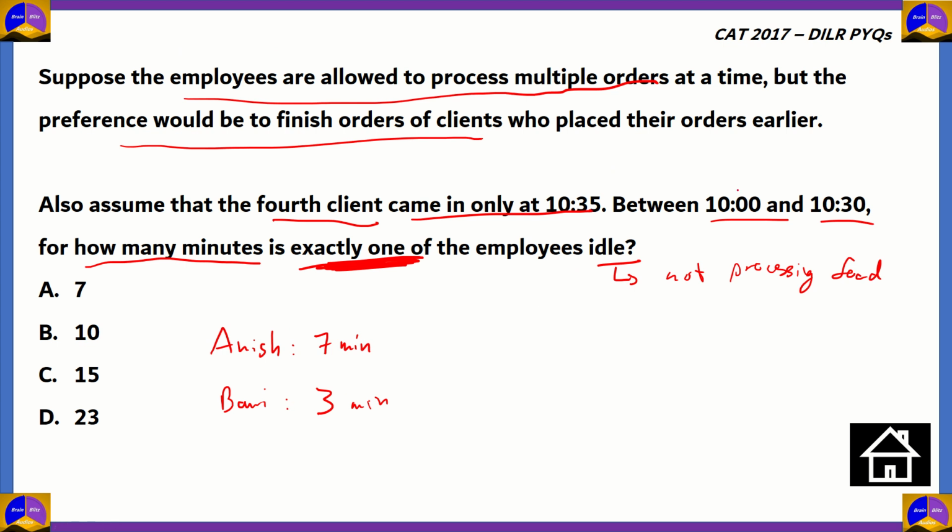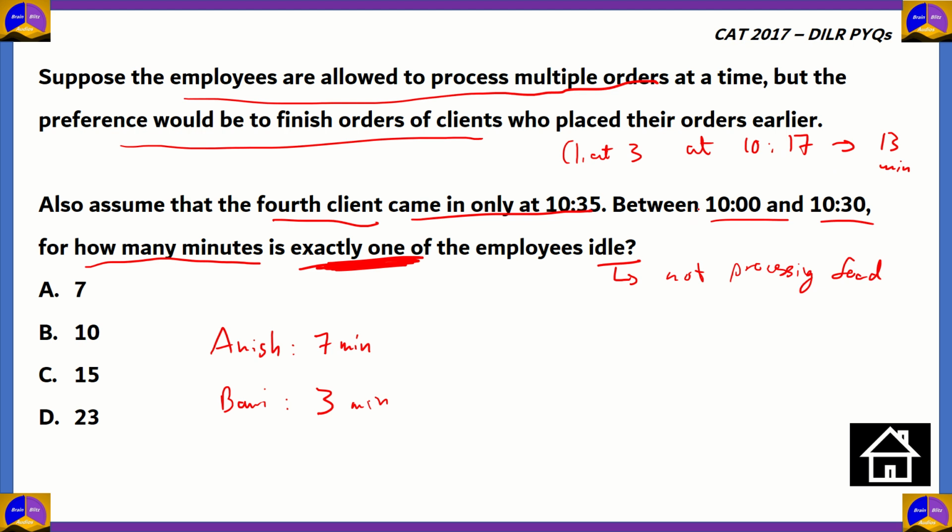Now, between 10 o'clock and 10:30 is what's given in the question. However, client 3 is served at 10:17. Now that means you have 13 minutes roughly to reach 10:30 and 5 minutes after for client 4 to come in.